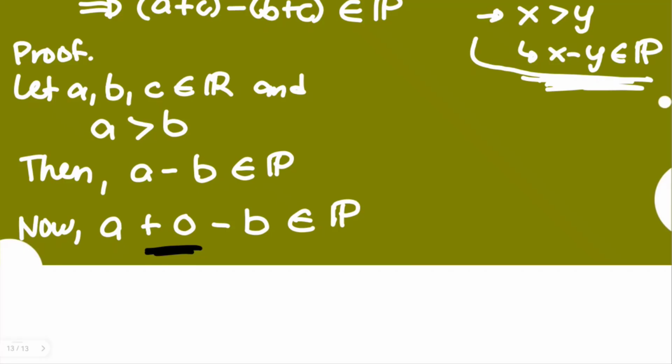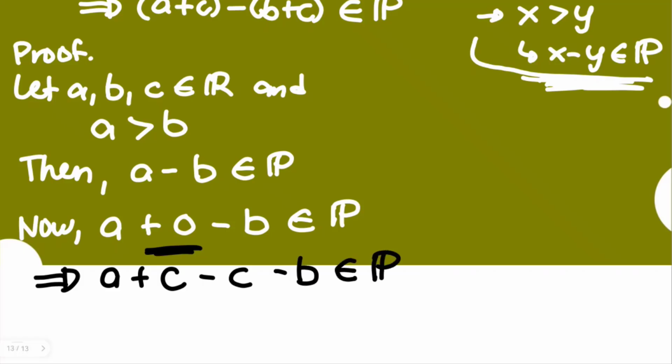And this is where we can reintroduce C. So we can say here that A plus C minus C minus B is still an element of the set of positive real numbers, as C minus C is just 0 itself. We are not changing the left hand side, but we are introducing additive inverses for our 0, because as we can see, we have A plus C already appearing here. That's already part of what we are trying to prove.